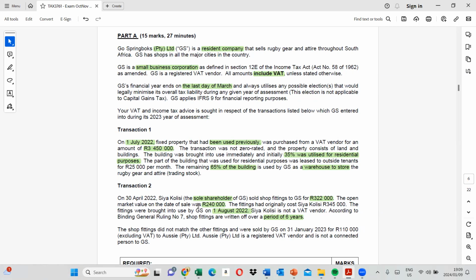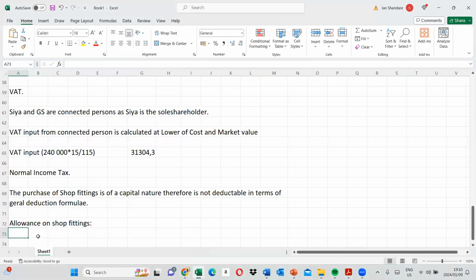However, the problem now is that this property which they just bought is actually acquired by a small business, which means the rules for small businesses now apply. Remember, we said with the small business corporation, when it acquires an asset in the first year, it claims 50% allowance.